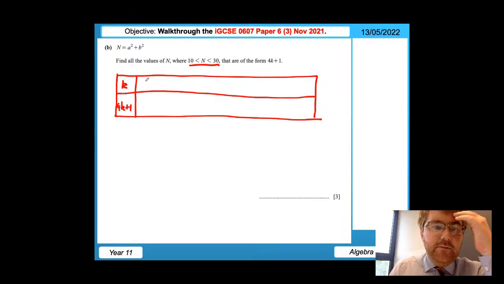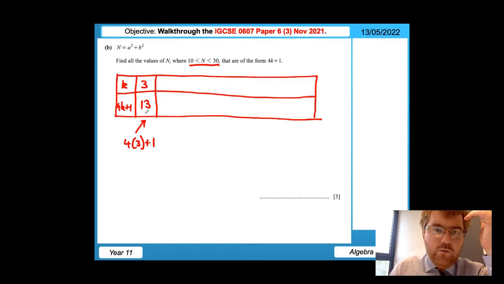And notice if we put k as 1 in, we get 5, but 5 is not between 10 and 30. 2 likewise, so we're actually going to start with k is 3. And if we do in this one here, 4 lots of 3 plus 1, that gives us 13, which is fine because it's between 10 and 30.